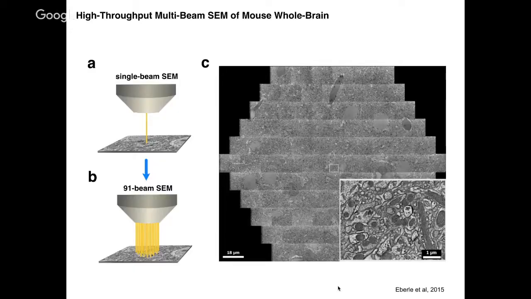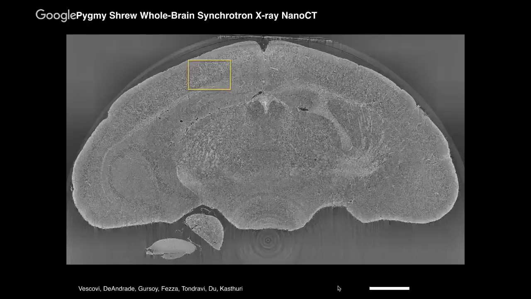Now, I've sort of gone through the EM. I don't have that much time, so I want to just quickly say something about the nano CT. I promise to explain the relation between the two. If you have a sample that is suitable for EM, meaning it has high metal content in it, it means that X-rays will also interact with those metals, and you can use such a sample for X-rays without any problem.